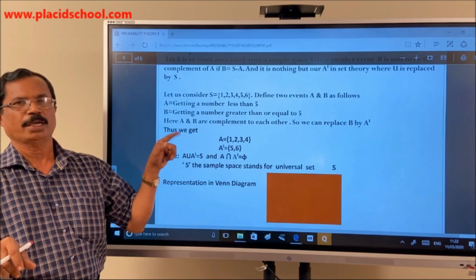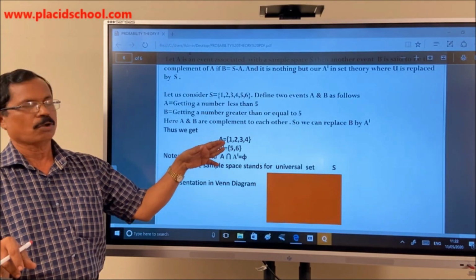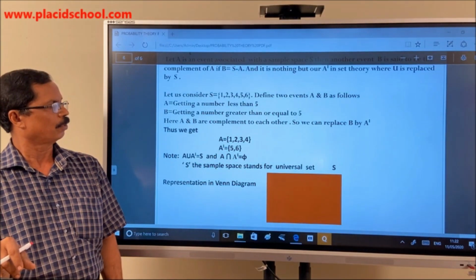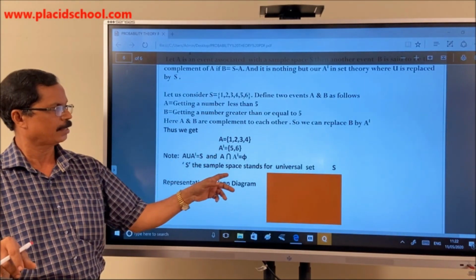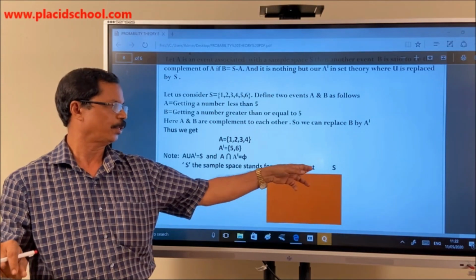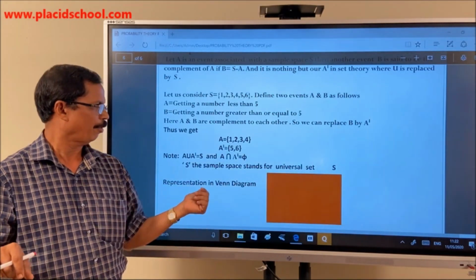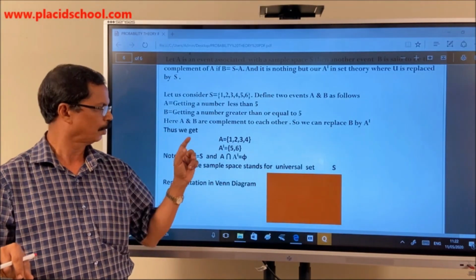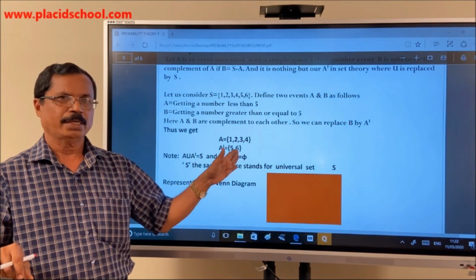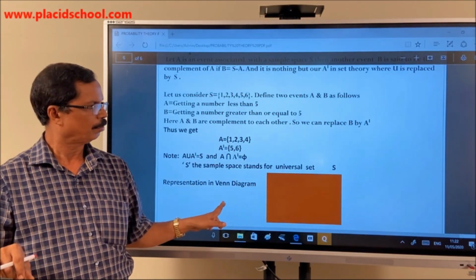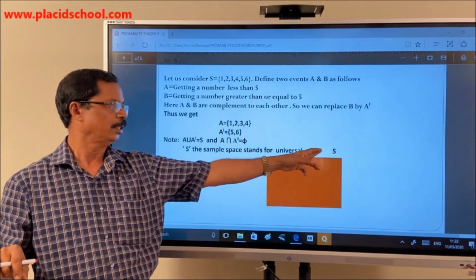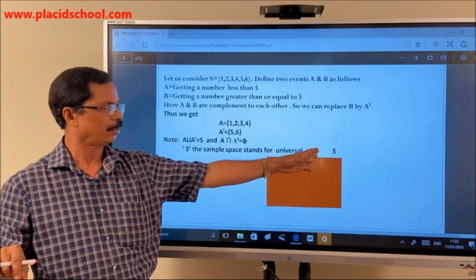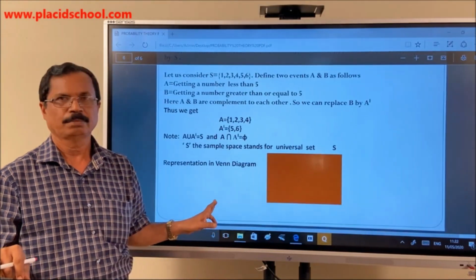So in that case, we can say {5, 6} is the complement of the set {1, 2, 3, 4}, and it is usually denoted as A dash. S is a sample space, which stands for the universal set. And if you represent the universal set in probability theory, it is usually represented by a rectangle and written as capital S.